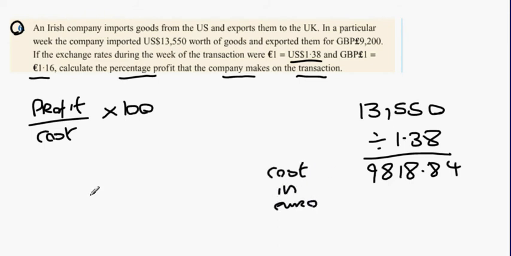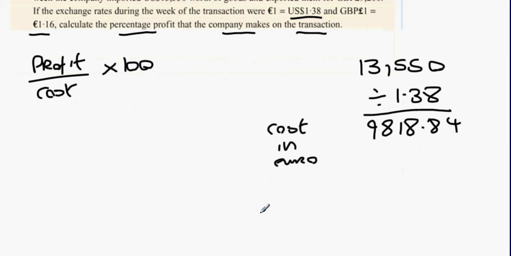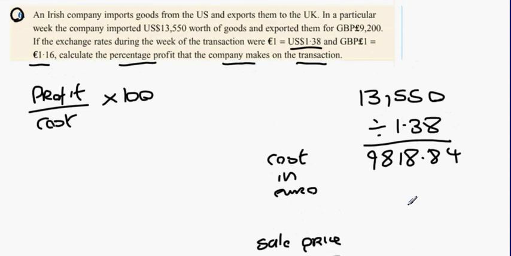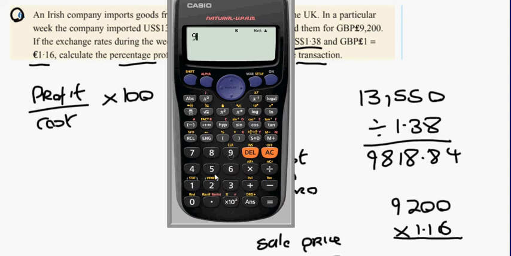Now the selling price in euro. So the sell price in euro is basically 9,200 GB pounds, and 1 Great Britain pound equals 1.16 euro. So it's a bigger number in euro. So 9,200 multiplied by 1.16.